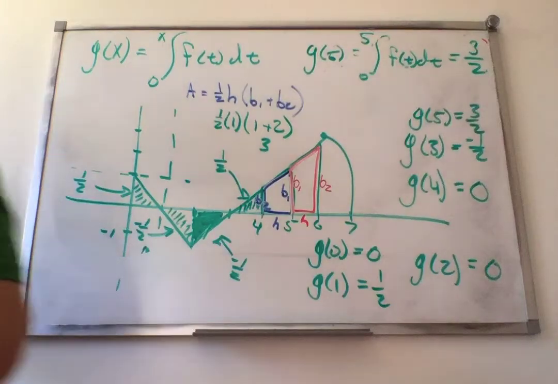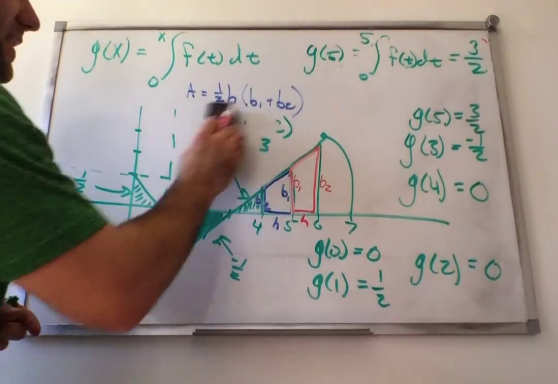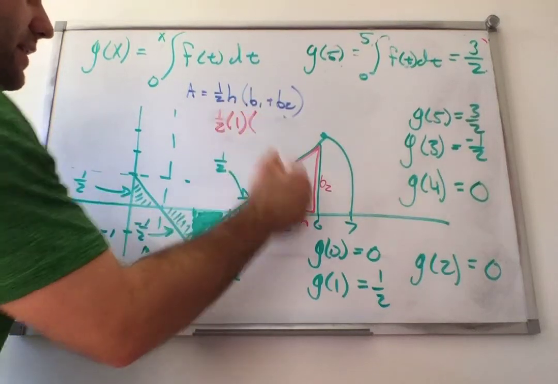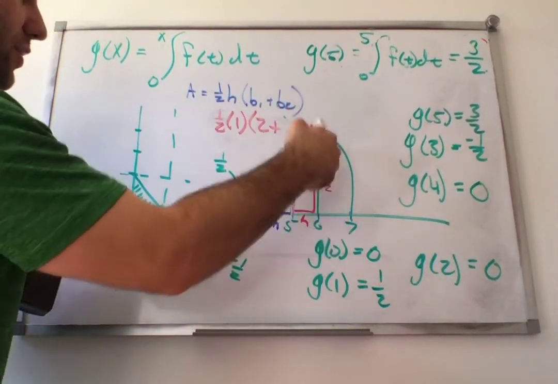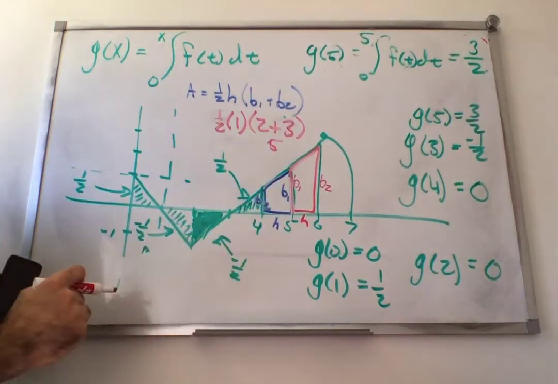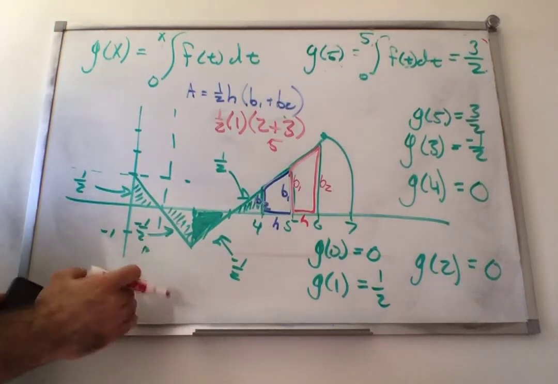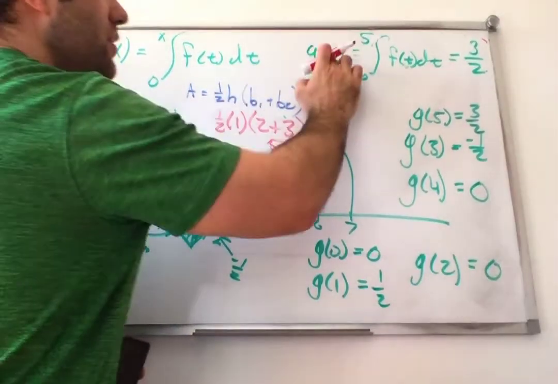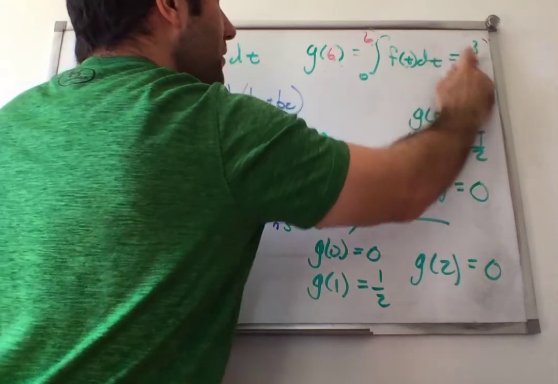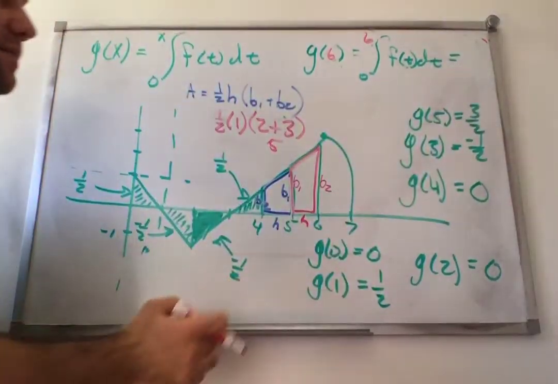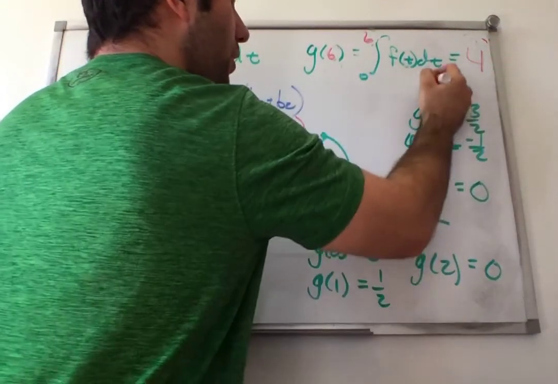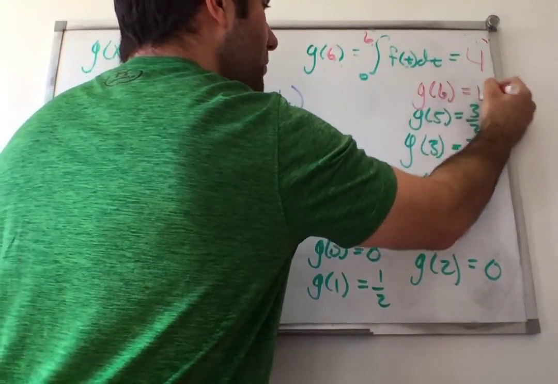So if I were to recompute the area of this last trapezoid, you get 1/2 times 1. This goes up 2, plus this goes up 3. This right here is a 5. You get 5 halves. So then you add it on to the previous area. So the integral from 0 to 6 is 5 halves plus the previous area, which is 3 halves, or we get a total of 4. g of 6 is equal to 4.